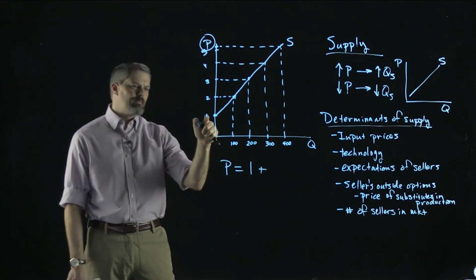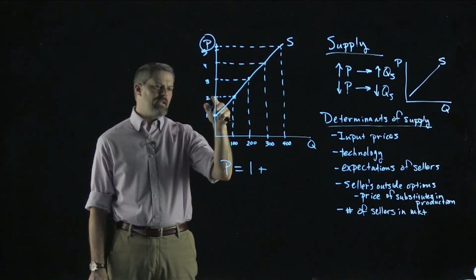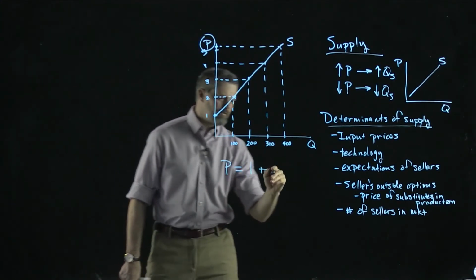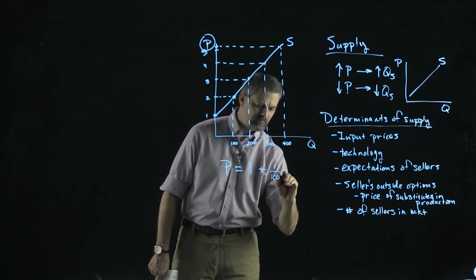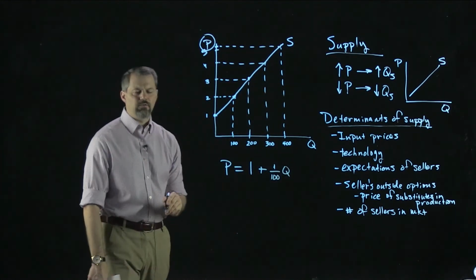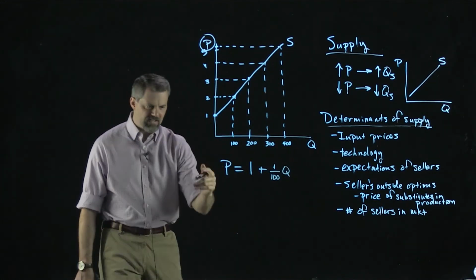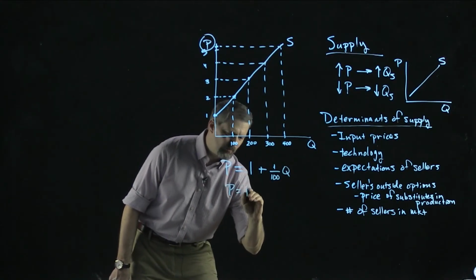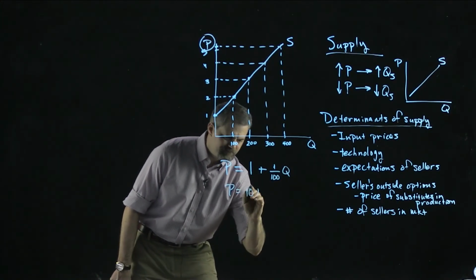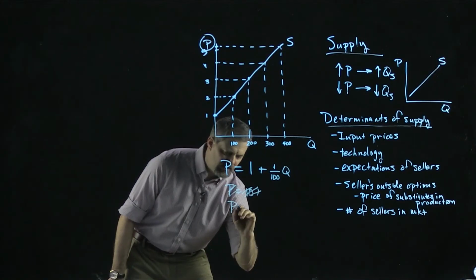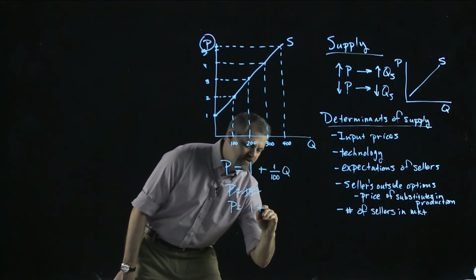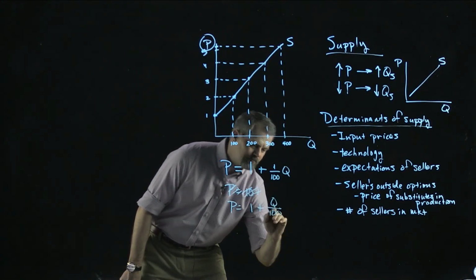My slope, my rise over run, is going to be 1 over 100. There's the functional form for that line. Let's rewrite it. P equals 1 plus Q over 100.